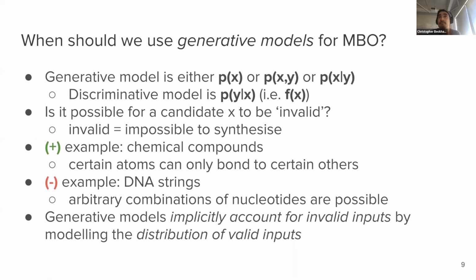Because Joshua Bengio raised his hand. Yes? Yes, thanks, Chris. I have a concern here. If you're in the space of molecules and you're trying to discover new molecules, I think we should really distinguish the chemical constraints, like only certain atoms can bond to certain others, from the distribution over molecules.